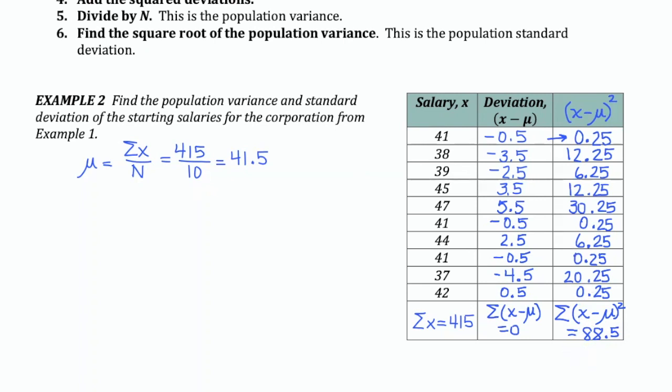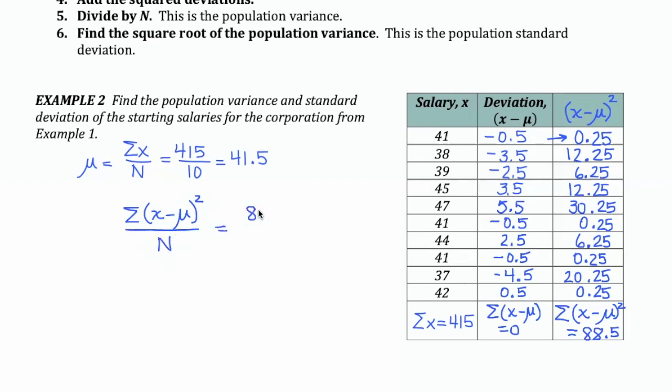All right, so we squared the deviations, we added up the squared deviations, and now we're ready to divide that by capital N.